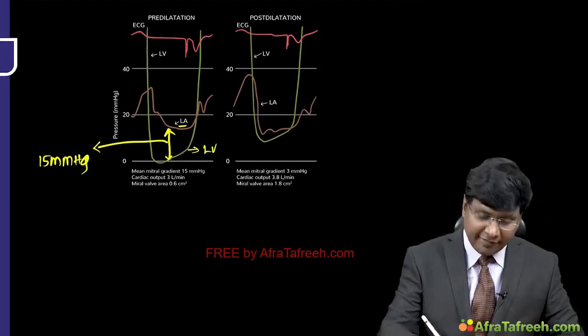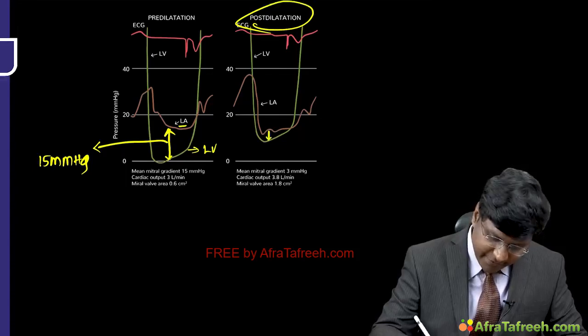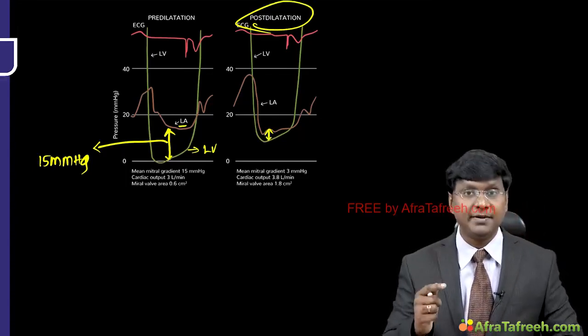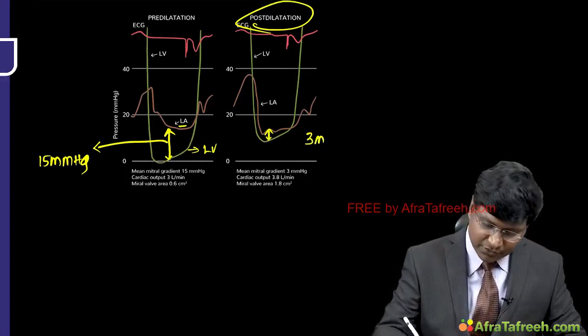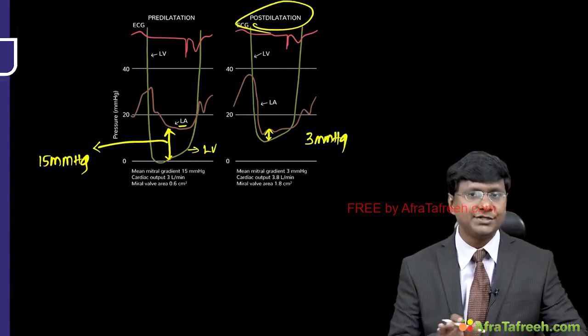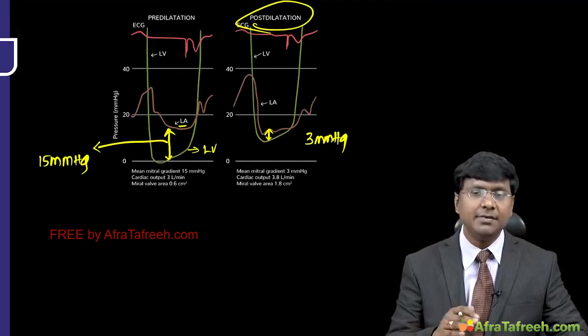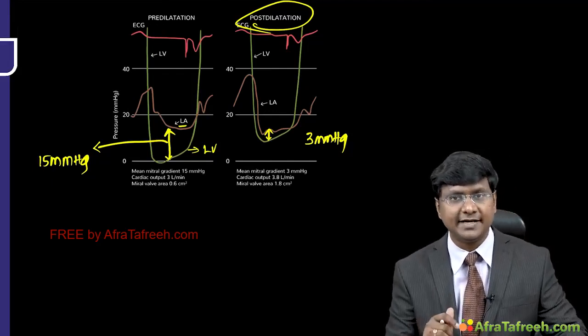Now after post-dilatation, the pressure gradient between the left atrium and left ventricle is around 3 millimeters of mercury. So this is the graphic representation of the gradient between the left atrium and the left ventricle before and after the dilatation.